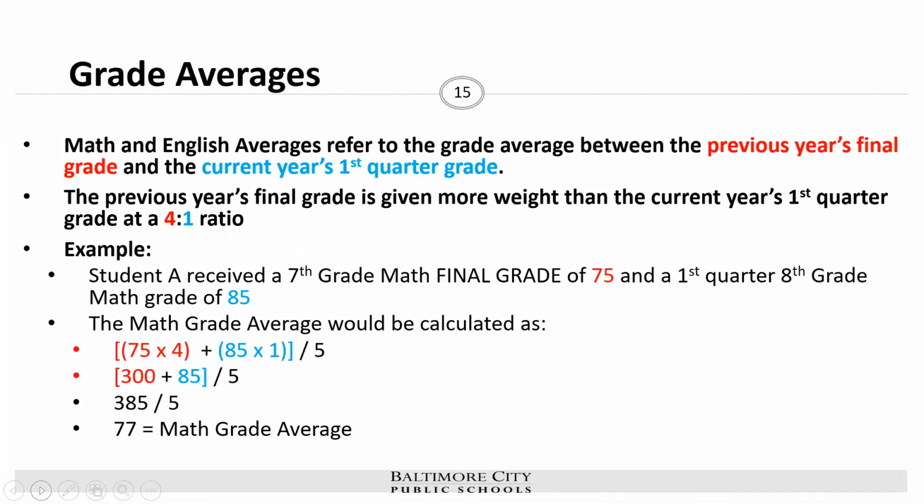For example, this particular student received a 75 in 7th grade for their math final grade, but an 85 in their 8th grade first quarter grade. It would be calculated as their math grade average as 77. Because again, we take the previous year grades and the first quarter current grade in calculating the average.